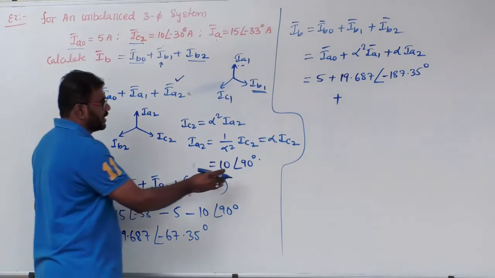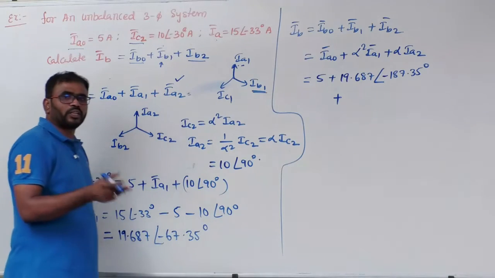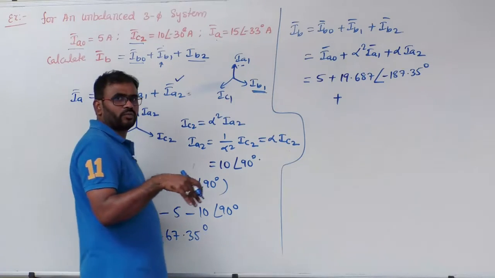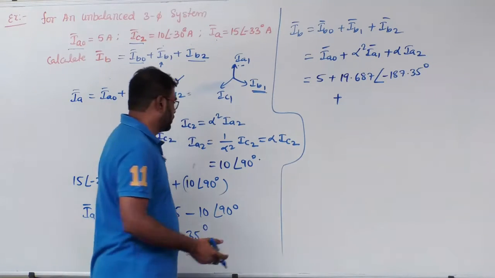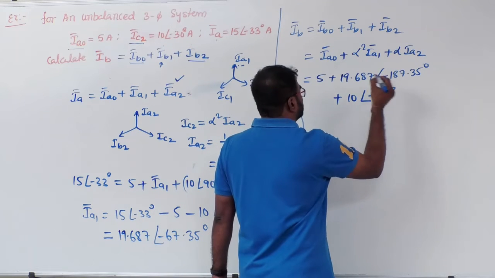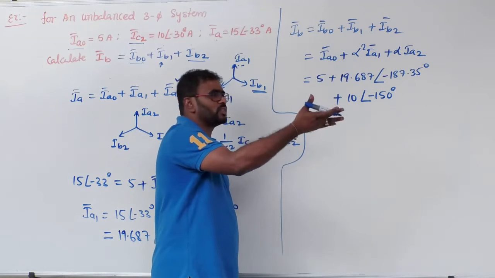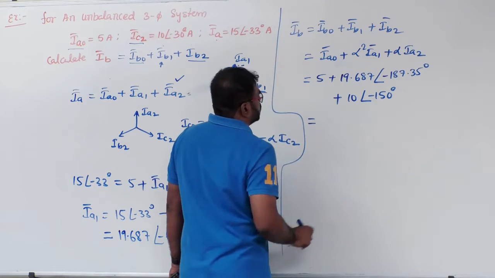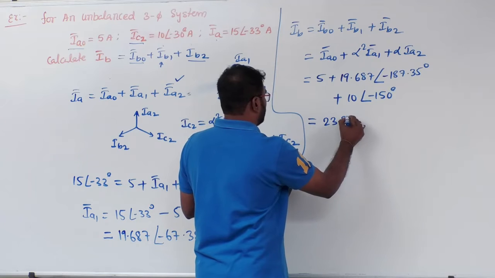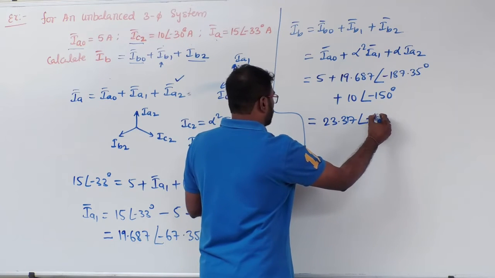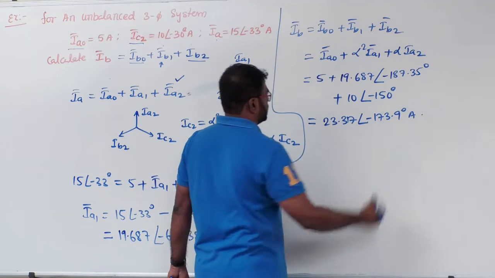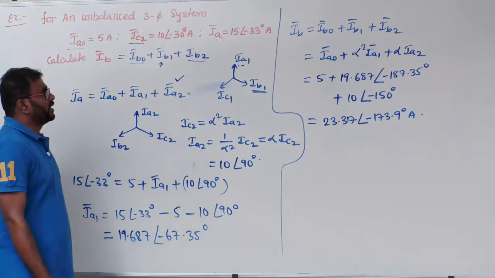IA2 we got 10 at an angle 90, so 10 at an angle 90 plus 120, 210. Correct or not? 210 can also be written as minus 150. So 10 at an angle minus 150 degrees. Otherwise you can put plus 210 also, you will get the same answer. Now if I solve this, we get 23.317 at an angle minus 173.9 degrees amperes. So that's the final result for IB.